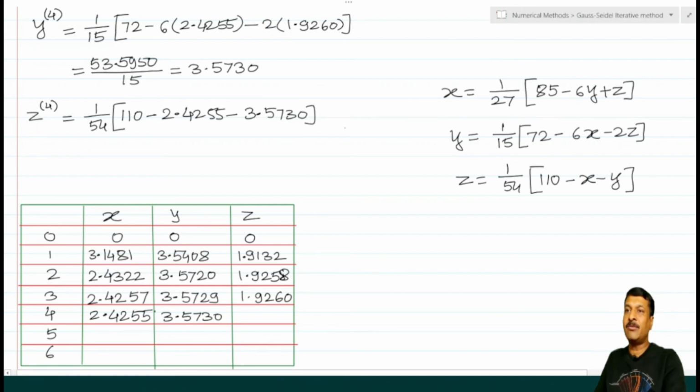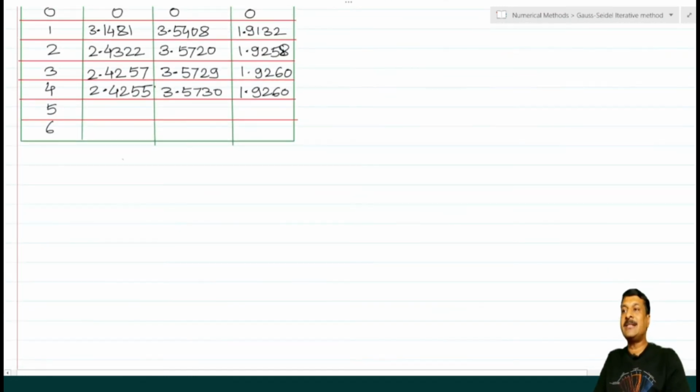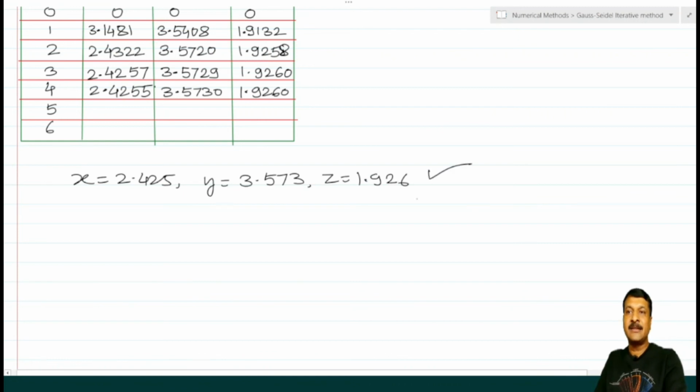So by calculator I am getting 104.0015, whole divided by 54, and that is equal to 1.9260. Note that here up to 3 digits you can finalize your answer as x equal to 2.425, y equal to 3.573, and z equal to 1.926. This is your answer.